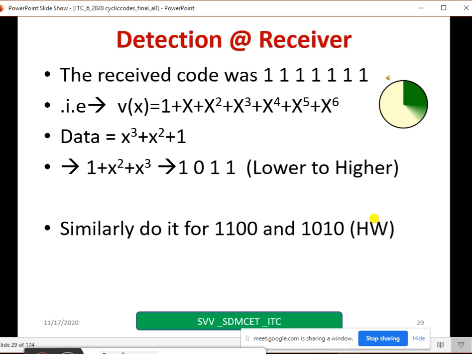Anybody can take another 2 code words. They can try. We can take that as a homework.